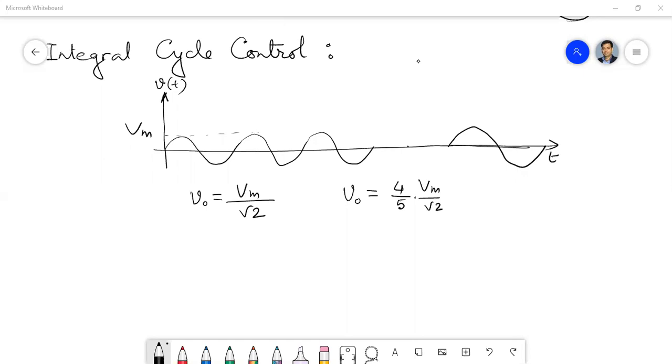Then for 5 cycles, if all 5 cycles were present, you would get Vm by root 2. If you have 4 cycles, then you will have 4 by 5 Vm by root 2. Isn't it?